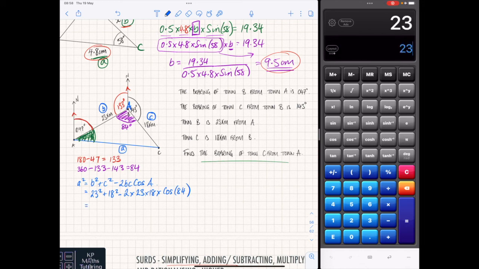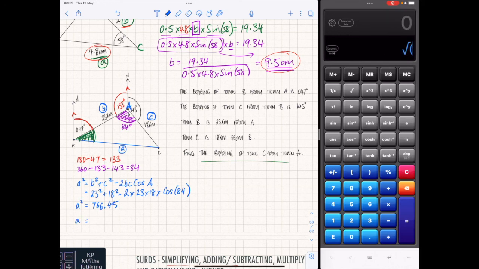So 23 squared plus 18 squared minus 2 times 23 times 18 times cos 84. And that gives me 766.45. But remember, that's a squared, so therefore a is the square root of that.